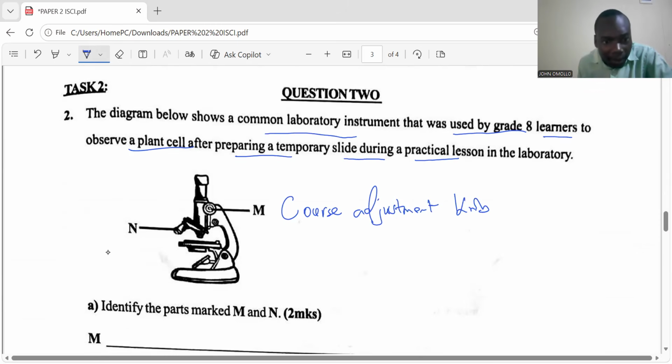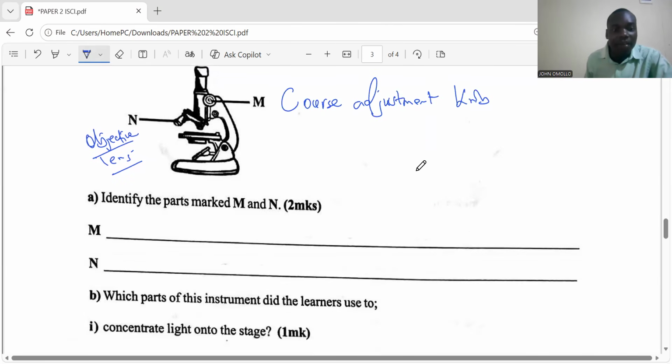Part N is objective lens, because it is pointing at one objective lens. So let's dive in. Identify the parts M and N. M is the coarse adjustment knob. N is objective lens.